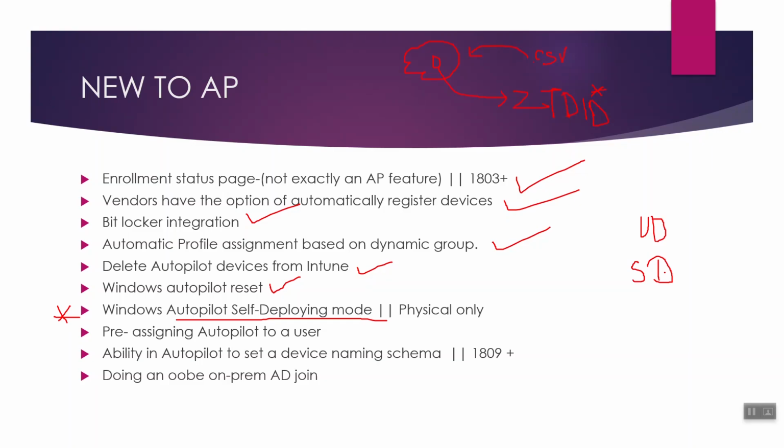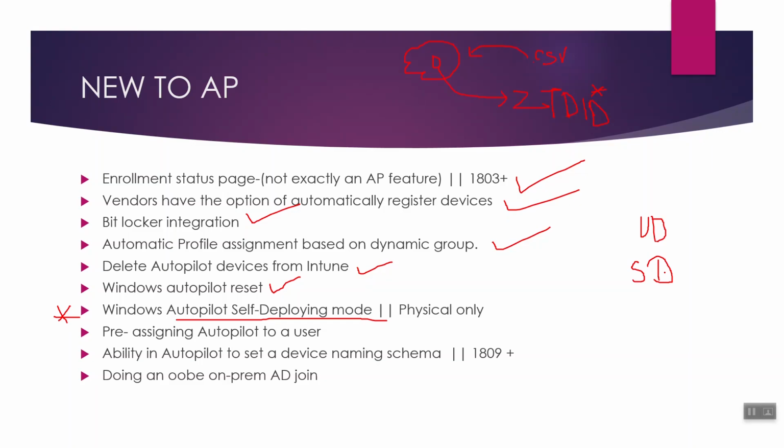So the autopilot self-deploying profile has actually taken the zero touch experience to a new level by introducing the self-deploying mode. When it is used, all that needs to be done is we just need to power on the device, just press that physical button.